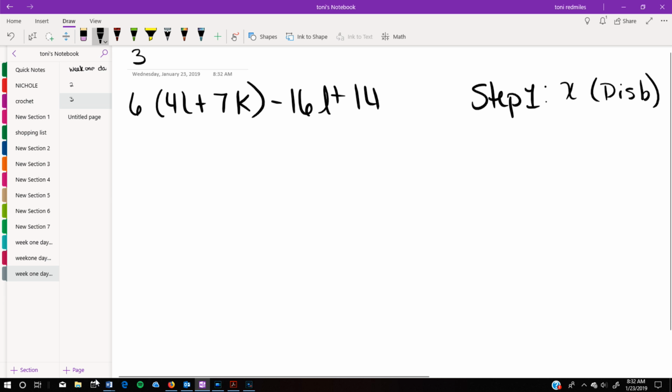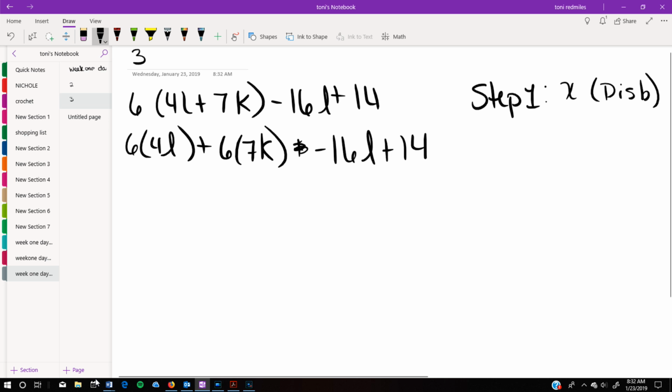Okay? So I'm going to distribute this through. It's going to be 6 times 4L plus 6 times 7K minus 16L plus 14. I still have some multiplication to take care of, so I'm going to do that now. That plus that times that is 42.